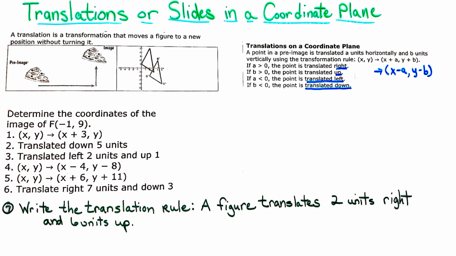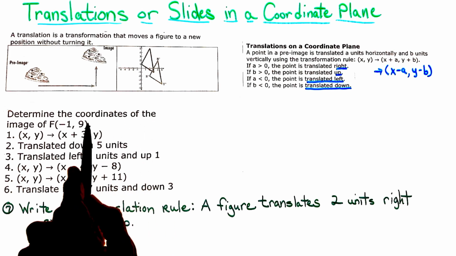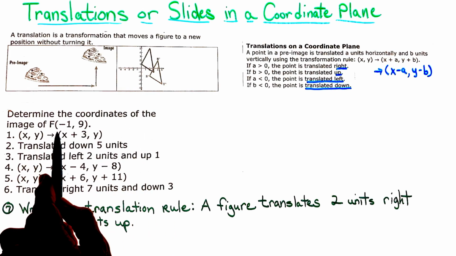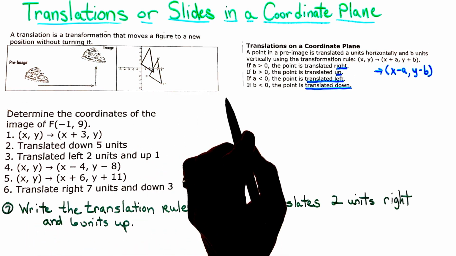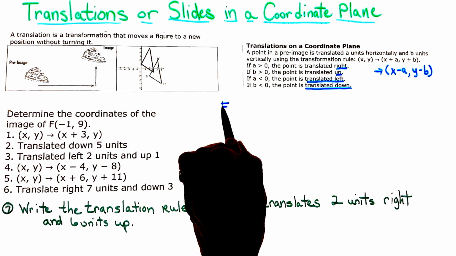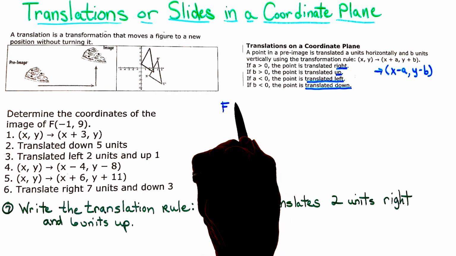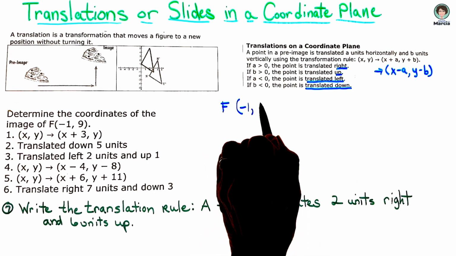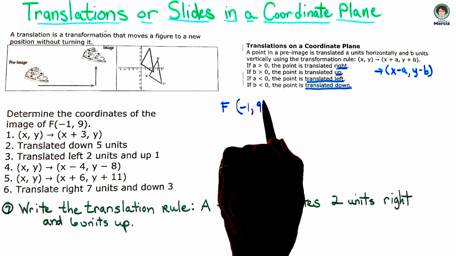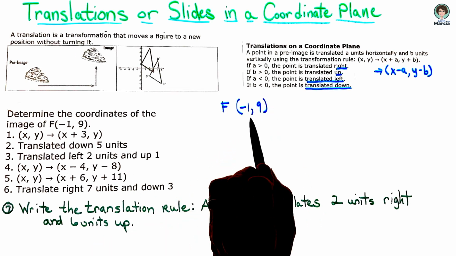All right, let's look at how we do this. It says determine the coordinates of the image of F, which is the point (-1, 9). So I'm going to write that over here, right where we will be working. So F is (-1, 9). That's our pre-image.